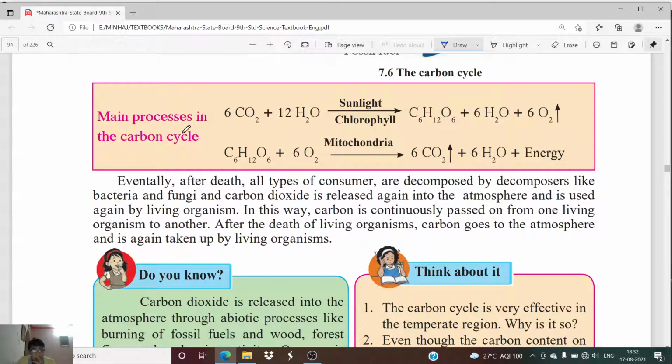Here, the main process in the carbon cycle is represented with the help of an equation.